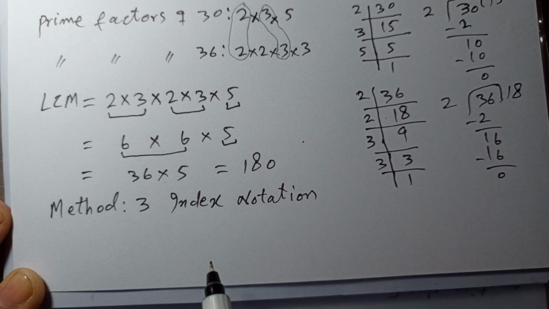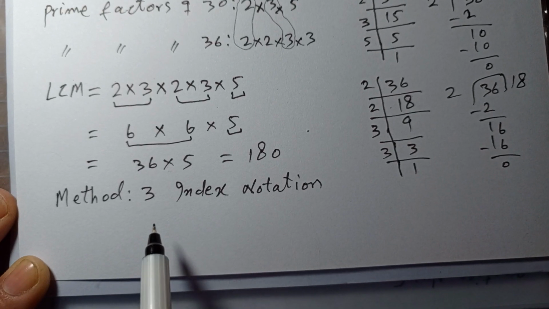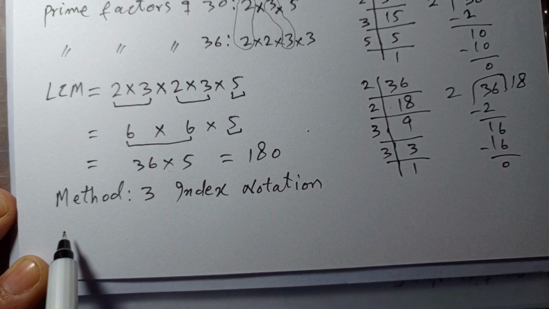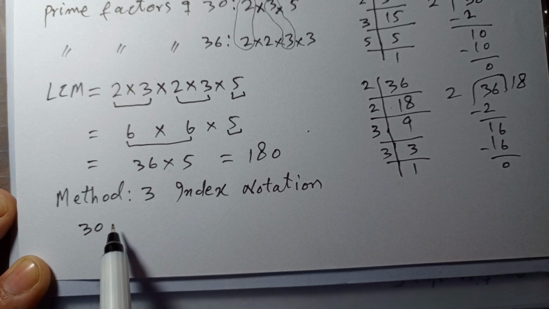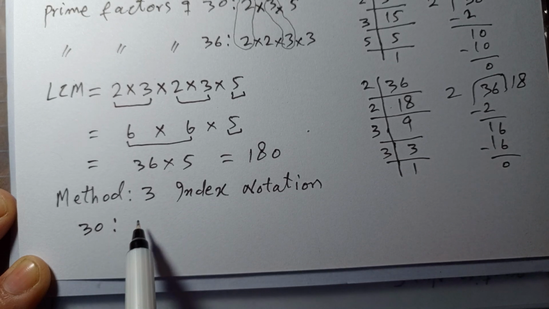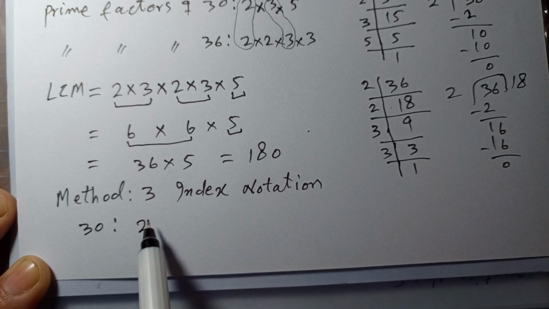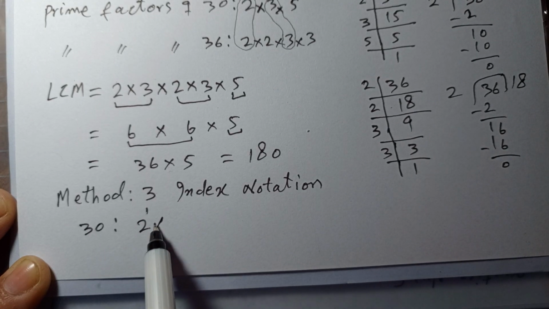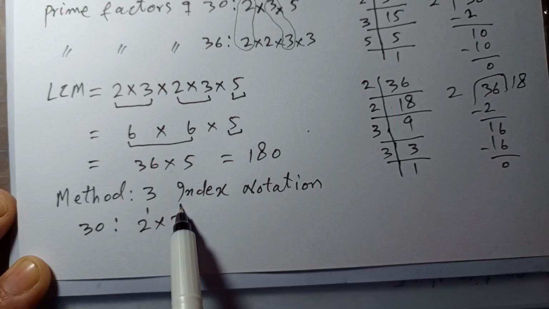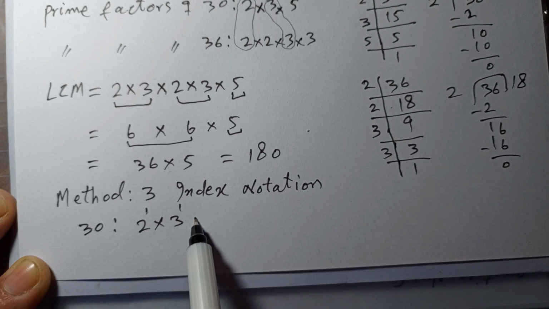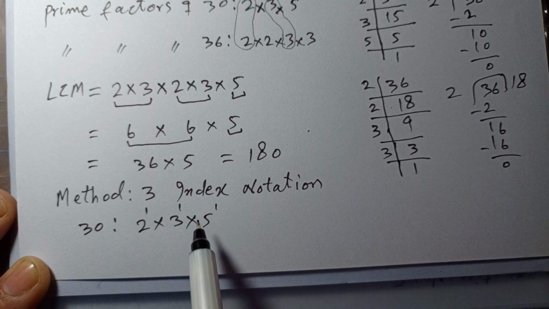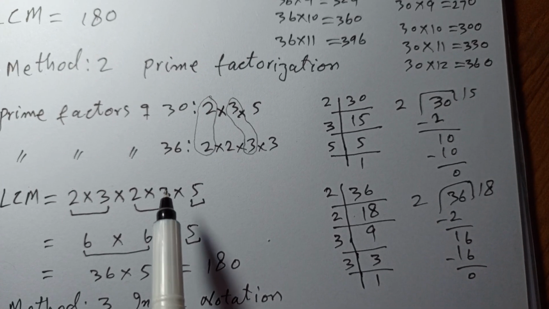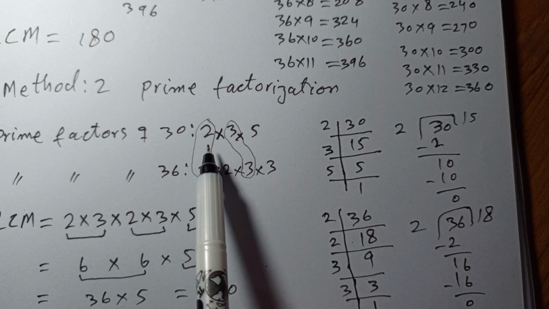So you will write the index notation of 30 and 36. In the form of index notation, you will write 30 as 2 raised to power 1, 3 raised to power 1, and 5 raised to power 1 or 5 exponent 1, because these are only one time in the prime factorization of 30.